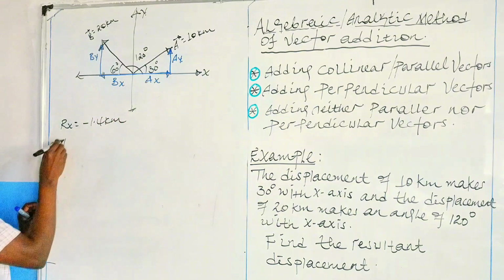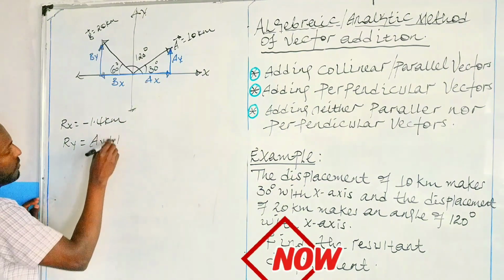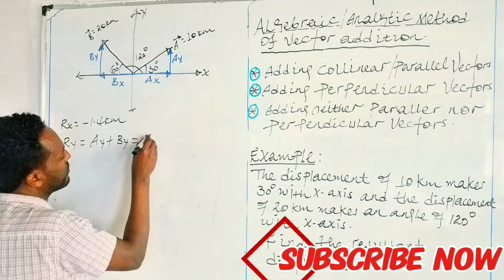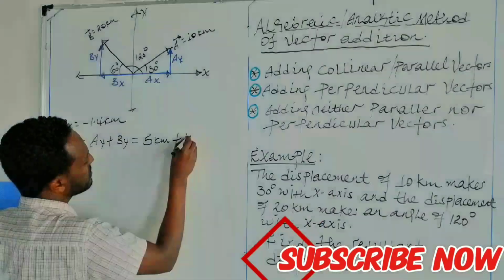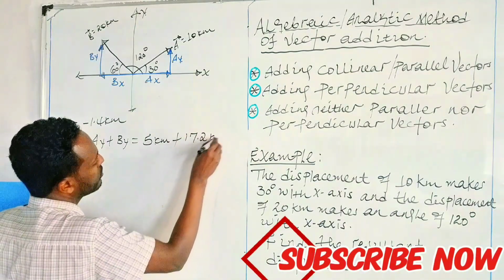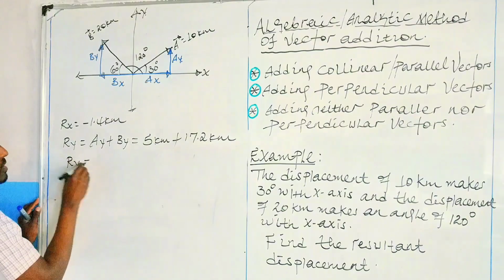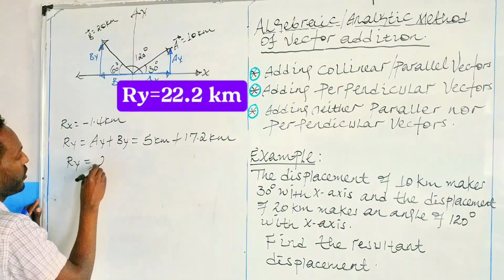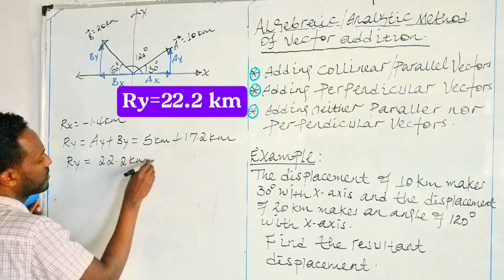So the resultant along y is equal to vector A along y plus vector B along y, where Ay is 5 kilometer plus By, 17.2 kilometer. So the resultant along y is equal to 22.2 kilometer.